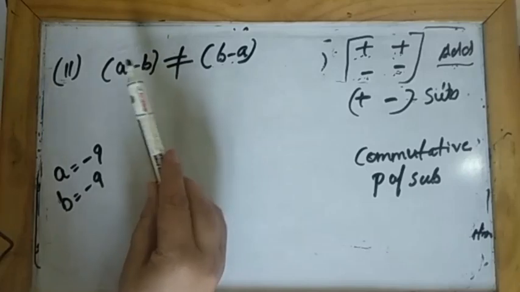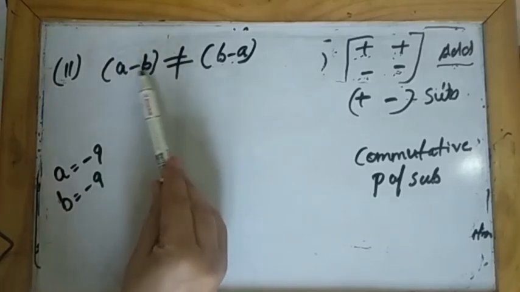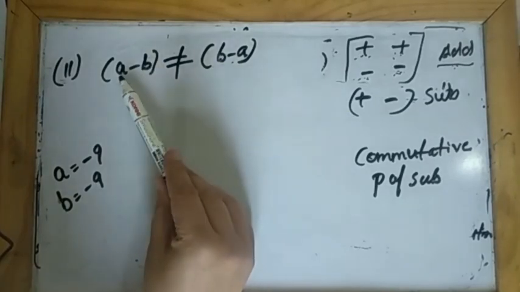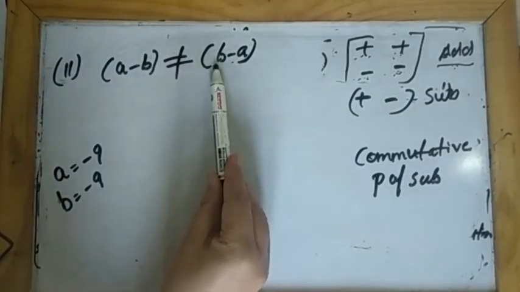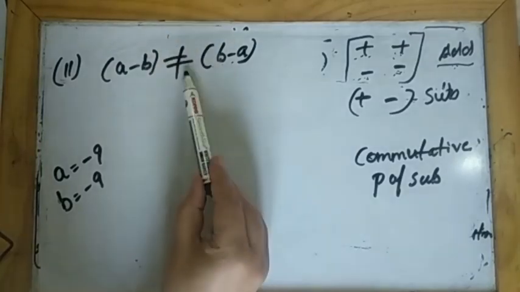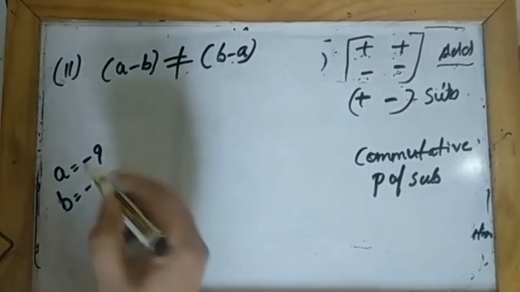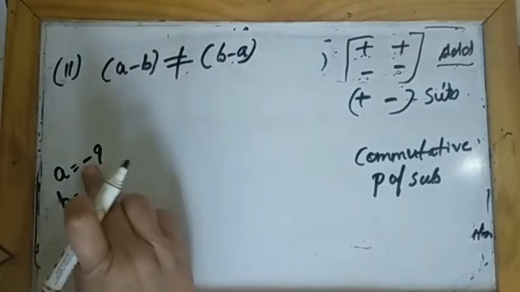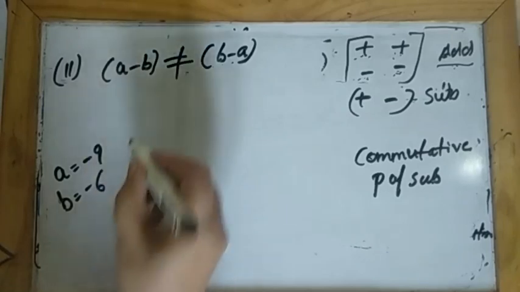Again, what it says is if you take two integers and subtract them, and if you change the order of the integers, like here it's A minus B and here it is B minus A, so answer is not equal. So this is commutative property. Now let's show this. A they are saying is minus 9 and B is minus 6.